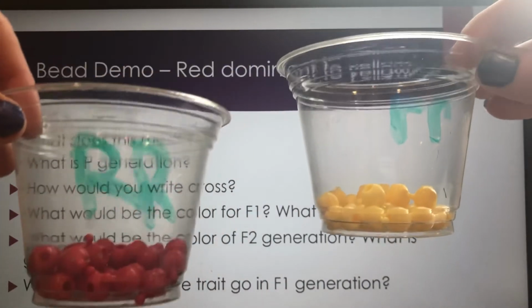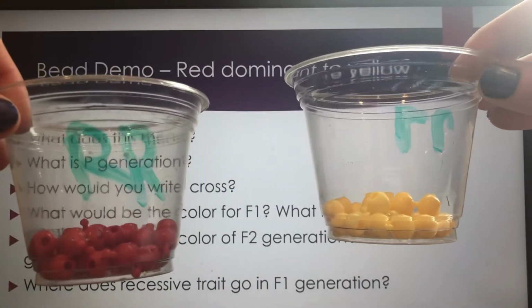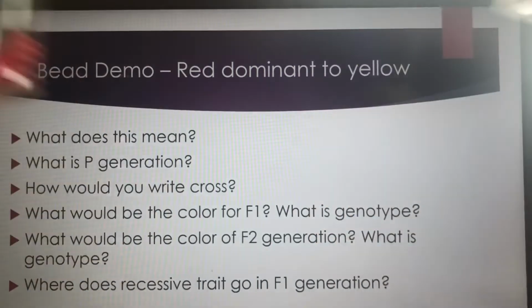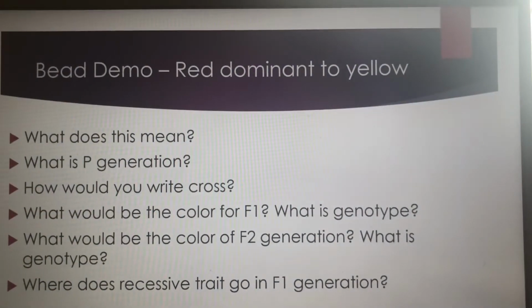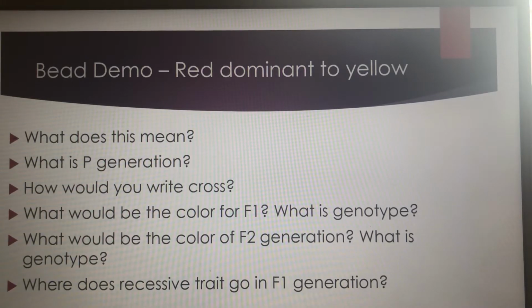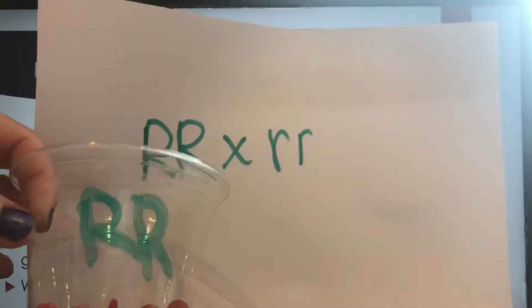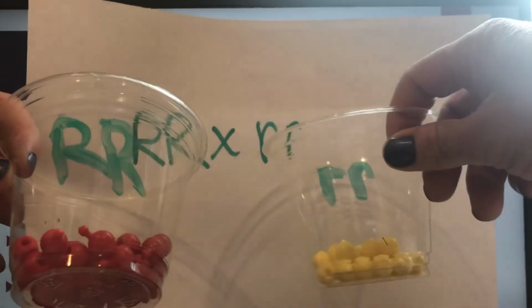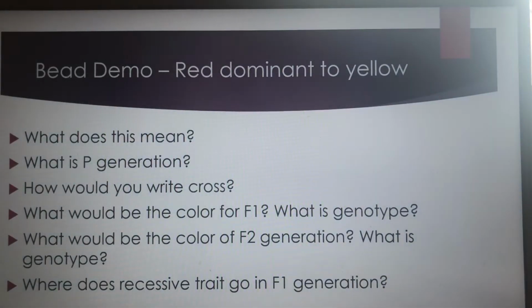It would be big R crossed with little r. Just in case things don't come through, it would look like this: big R times little r, red and yellow. And this is how you would write the cross.